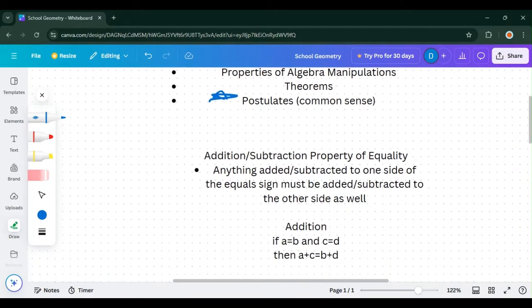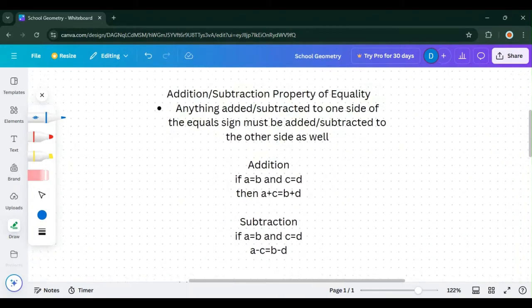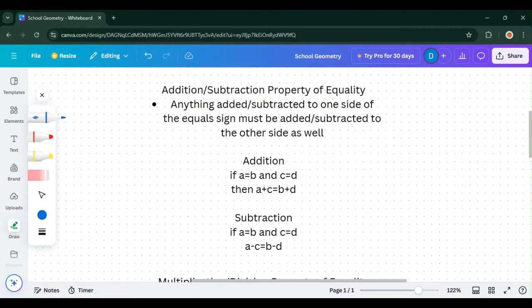Okay, now we'll continue. We have first the addition slash subtraction property of equality. And this is pretty basic. Anything added slash subtracted to one side of the equal sign must be added slash subtracted to the other side as well.